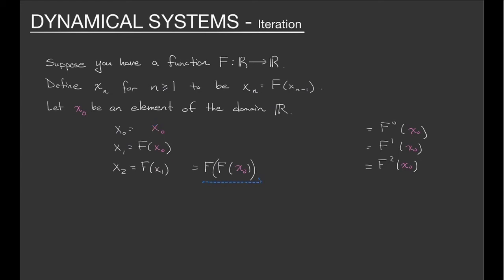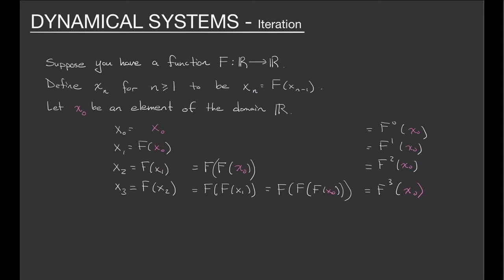That's like applying f 2 times to x0, because f of x0 is equal to x1. And another way to represent that is by saying f to the second power of x0. We've taken x0, we fed it through f one time, then that number that we came up with, we fed it through f again.